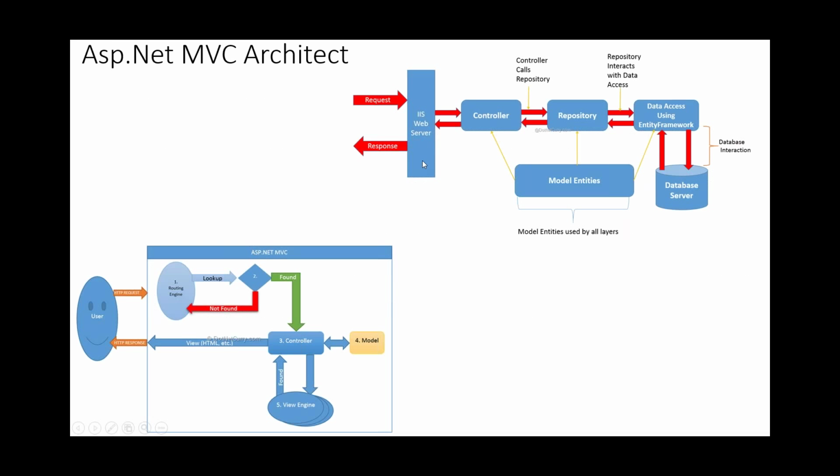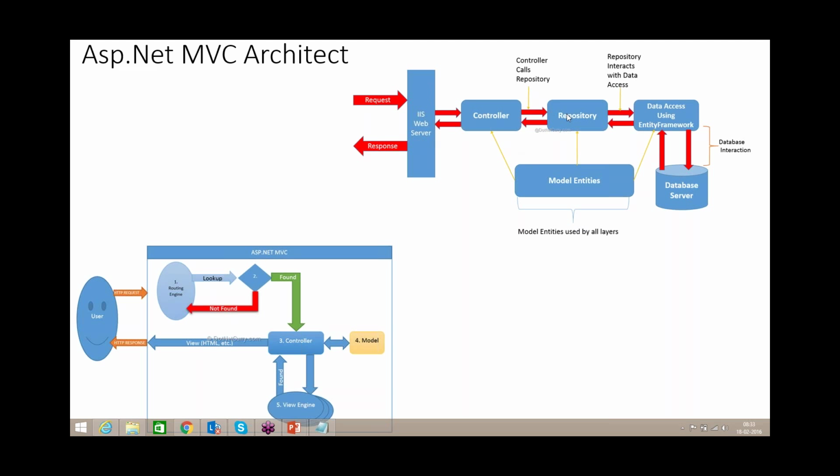Okay. So this is actually MVC architecture. Here is how it flows. When you send a request, the IIS web server will receive it, and the respective controller will take that request, and the respective action will be executed from the controller.